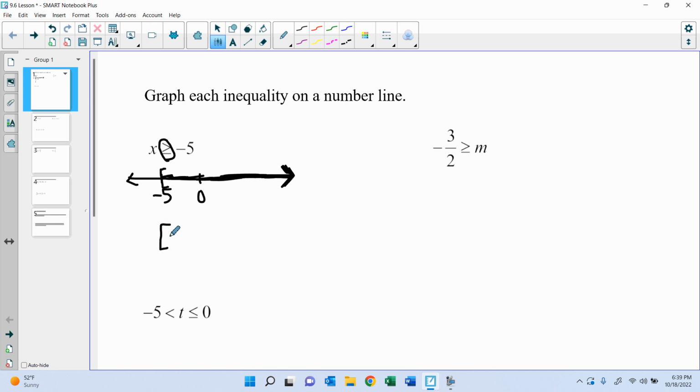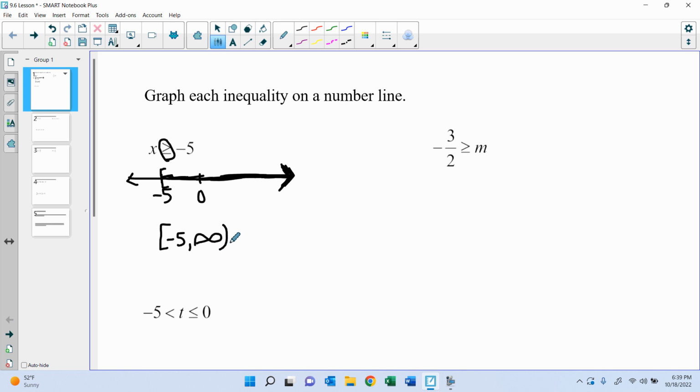So we used a square bracket because -5 is included. So we use a square bracket here. It's always smallest to largest. So -5 is the smallest, and then comma, and it goes all the way to infinity, because that's why the arrow is shaded. This never ends. It's anything that's bigger than -5. And we always use parentheses on that.